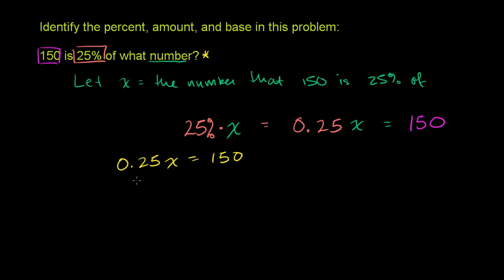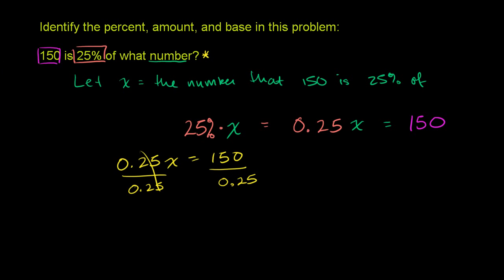You could do either one. I'll do the first, because that's how we normally do algebra problems like this. So let's divide both sides by 0.25. That will just leave an x. And then the right-hand side will be 150 divided by 0.25. The reason I want to do this is really just good practice dividing by a decimal.